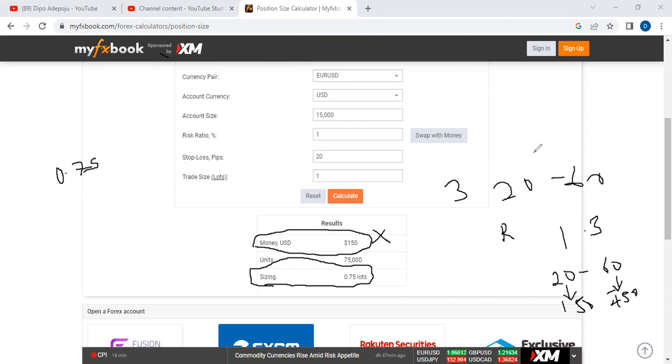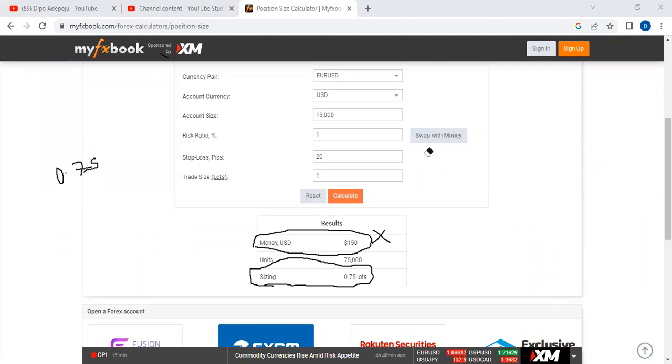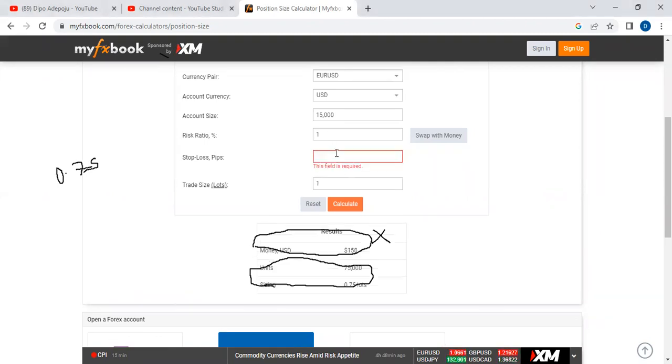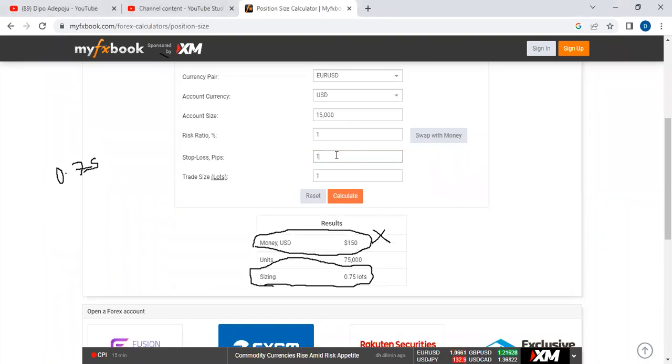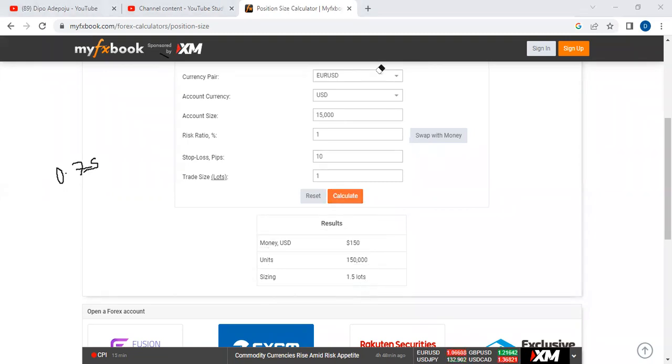Now I want to show you something very, very important, that it does not matter the lot size or stop loss you are using, right? The tighter the stop loss, the better it is for you. What if I can afford to use a tighter stop loss, like some people use a 10 pip stop loss? Now let us see what it will do. If you are using a 10 pip stop loss, your lot is going to increase.